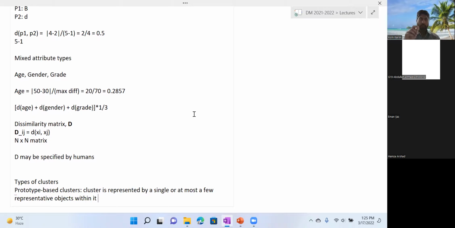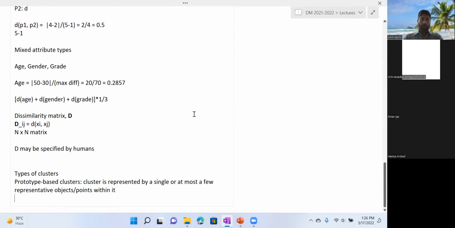So actual objects, objects slash points. Objects are actual objects, and points may not be actual objects, but there are some points in that space in which those objects lie. Okay. So let's see.